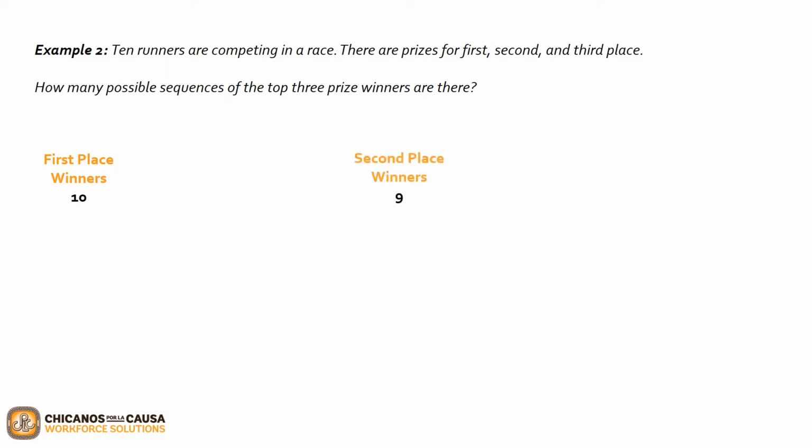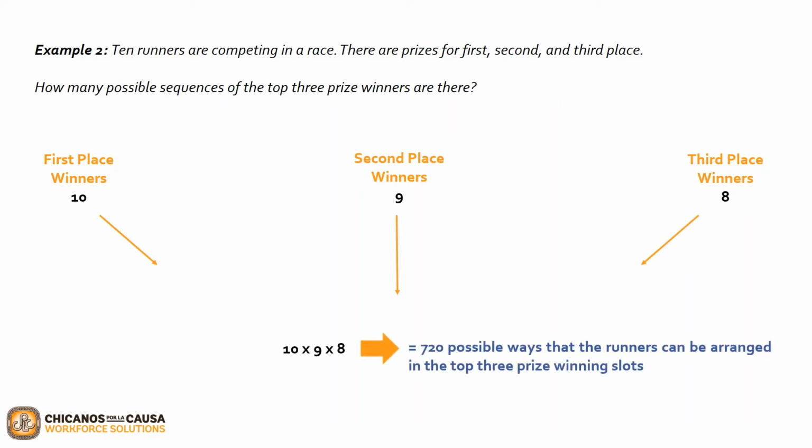Once someone has won first and someone else has won second place, there are now 8 possibilities for third place. So this takes us to 10 times 9 times 8. This then gives us a total of 720 possible ways that the runners can be arranged in the top 3 prize-winning slots.